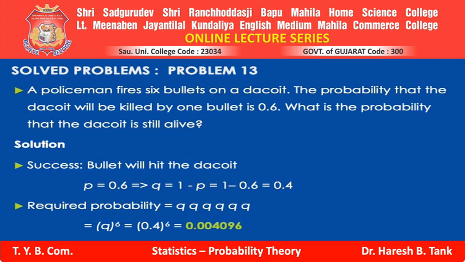Q raised to 6 means it is 0.4 raised to 6, and further simplifying it, it comes to 0.004096. That becomes the probability that the dacoit is still alive. Right enough? Next one.